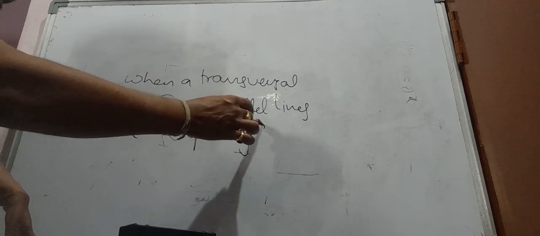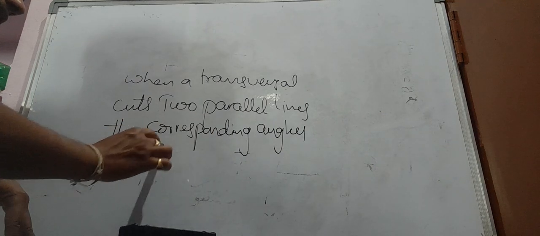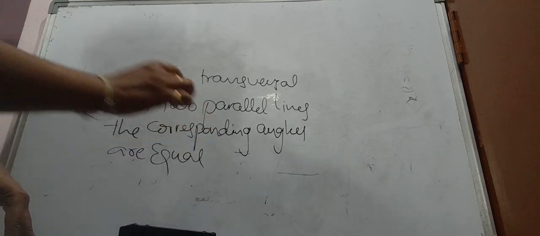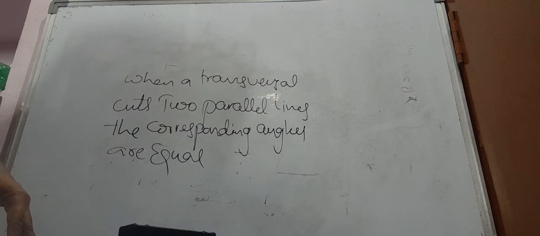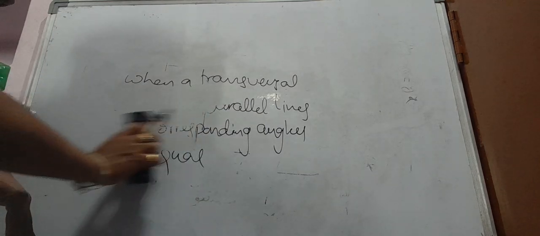The corresponding angles are equal. When a transversal cuts two parallel lines, the corresponding angles are equal.